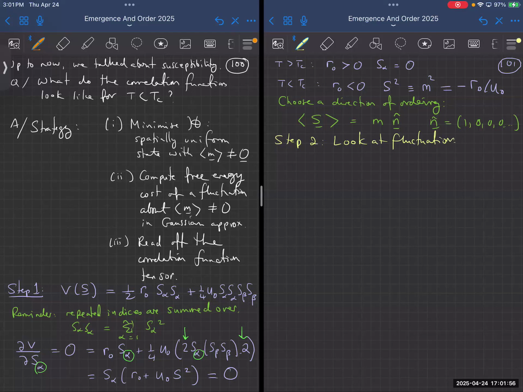Those fluctuations can be spatially dependent. So my order parameter now will be a function of space, and it's going to look like this.